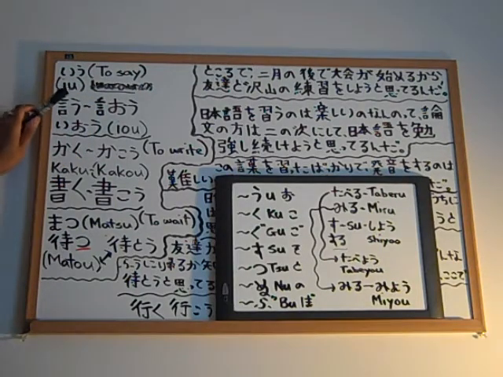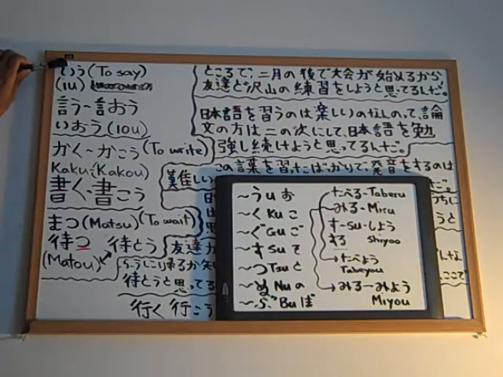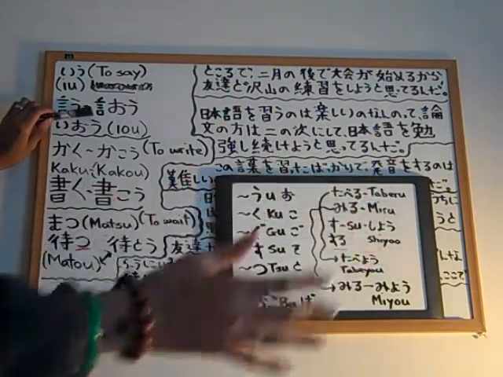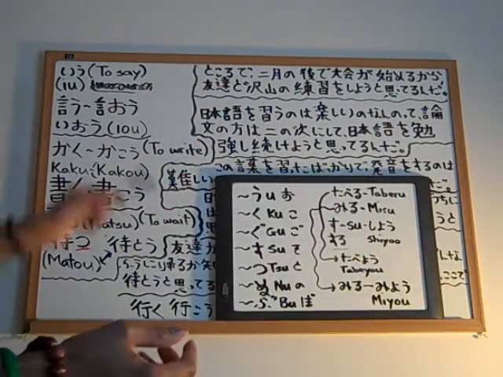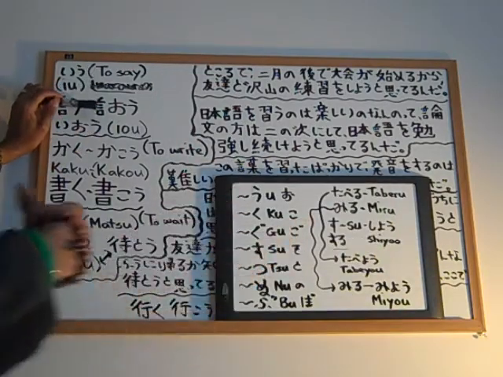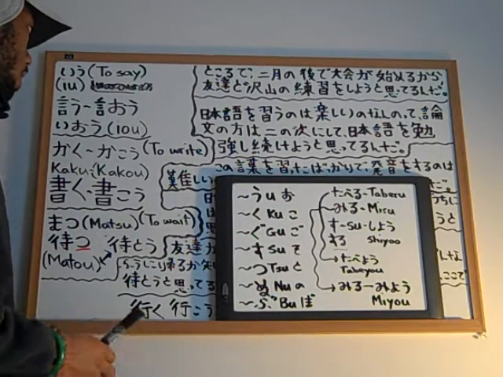Okay, so that's for that construction. So this is to say. All right, iu, and then we have the kanji here, and then we turned it into iyou. If I just say iyou, that means let's say it. But if I add the omoimasu, like iyou to omotteru, that means I'm thinking about saying it. Okay?